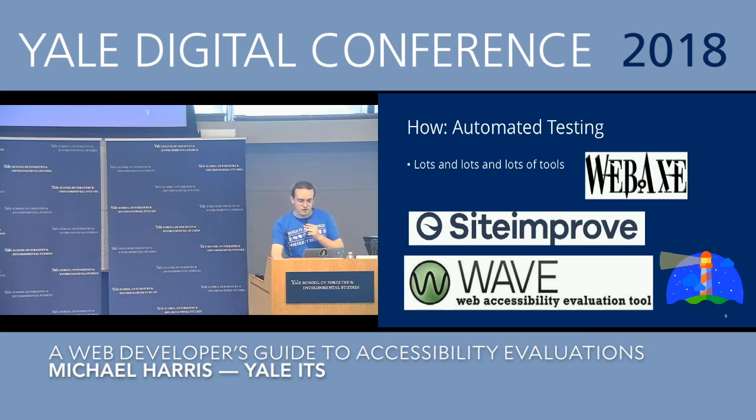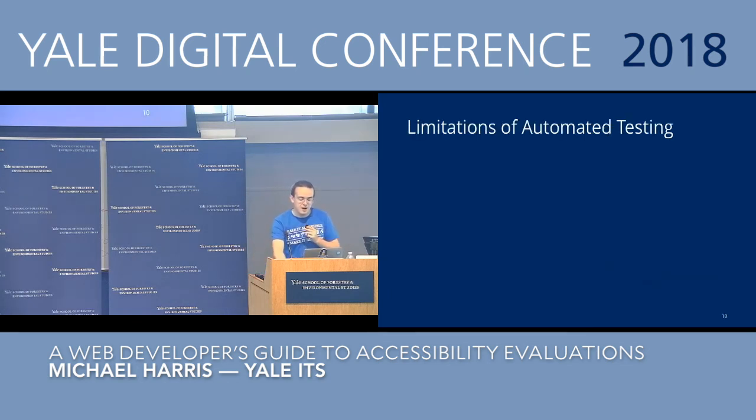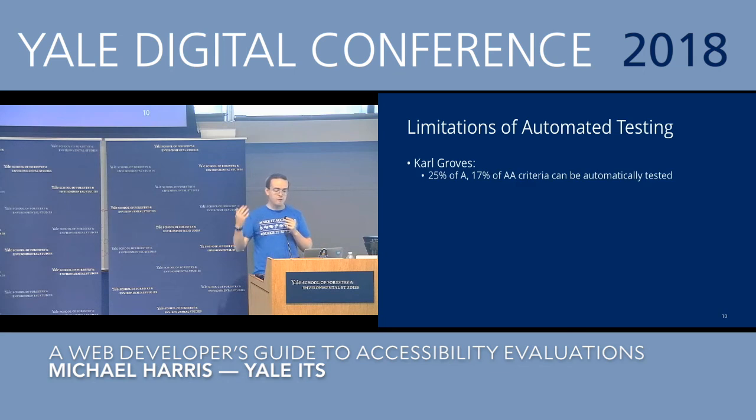But so that's our introduction to automated testing. On the limitations of automated testing, I have two insights from industry experts. One is Karl Groves, who's been one of the leaders in accessibility testing for over a decade. Karl Groves estimates that 25% of WCAG single A criteria and 17% of WCAG double A criteria can be automatically tested.